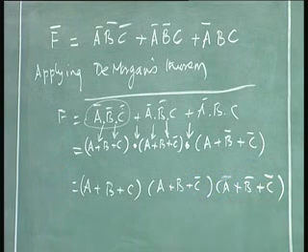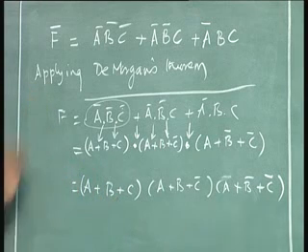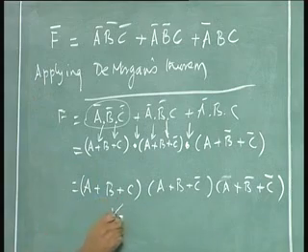Each of these terms is called a sum term, and this is called a product of sums.